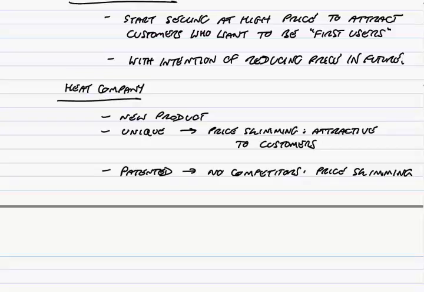Development costs have been high, and it'll only have a 5-year life cycle. Well, again, penetration pricing is a possibility here. They could consider it, but very often with penetration pricing, you're losing money. But it's worth it if you gain market share and make a lot of money in the future.